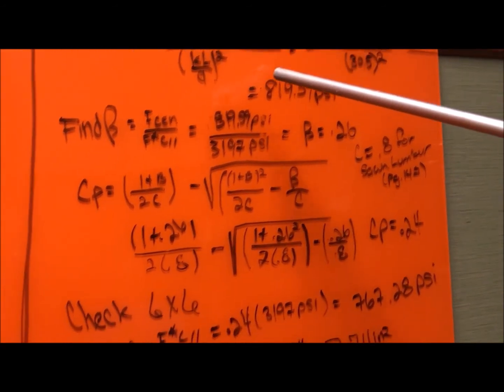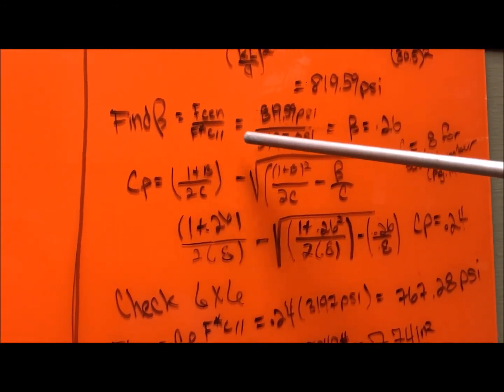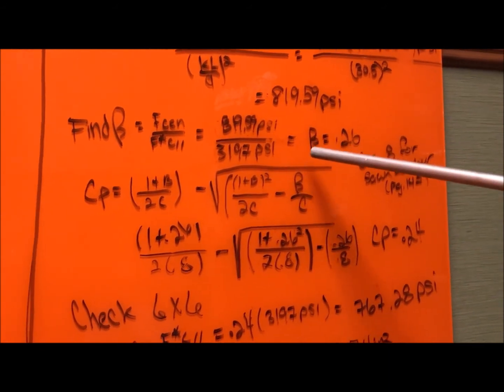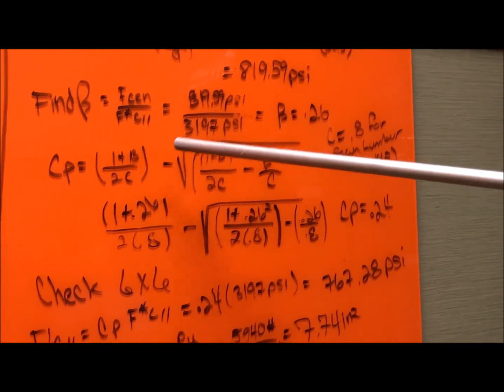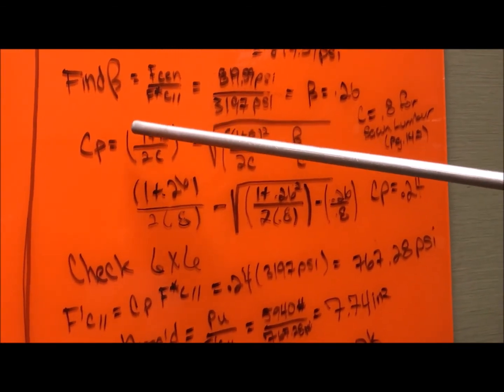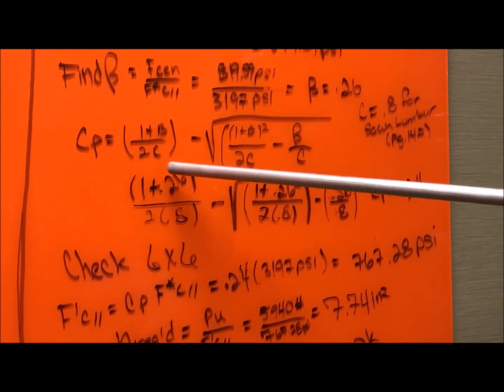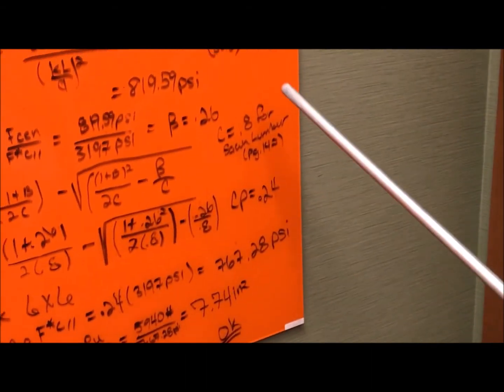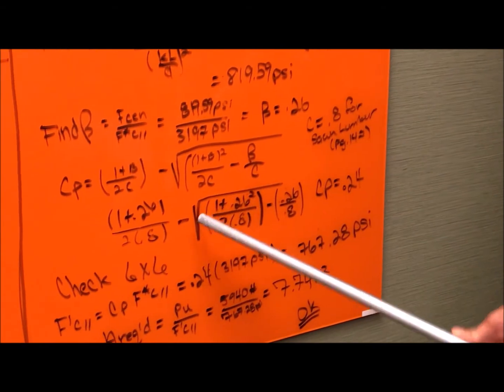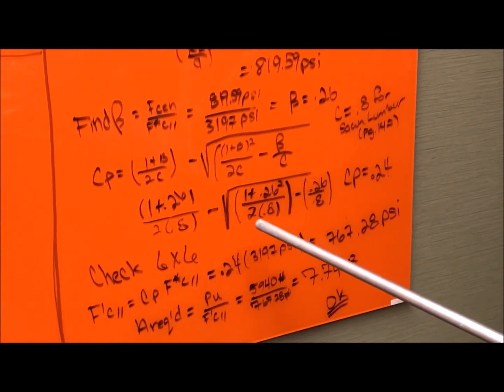Solving for FCE, we plug and chug to find beta. Beta is going to equal 0.26, and then after we find beta, that's when we're going to solve for the column stability factor, CP. Using that equation, c equals 0.8 for sawn lumber, as we said in the previous part of the problem.